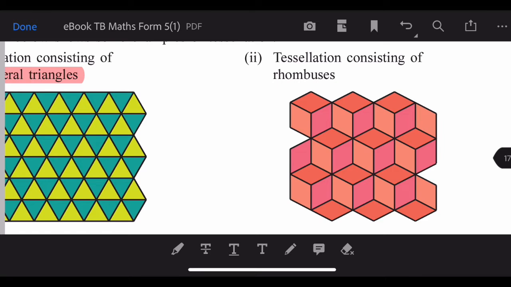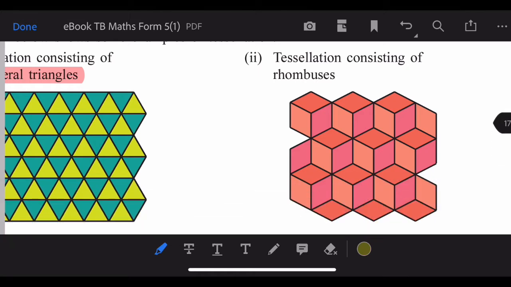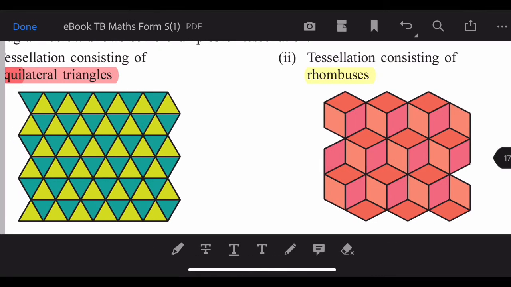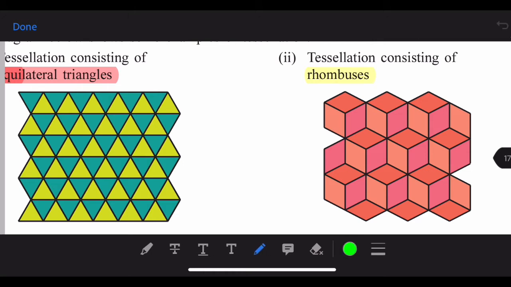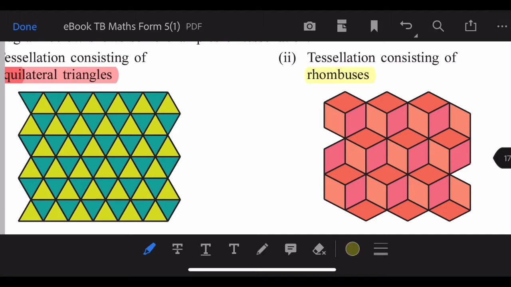Yes, a tessellation involving rhombuses. Very nice. Rhombuses have equal length, right? All the sides are equal. So this is a tessellation involving rhombuses.